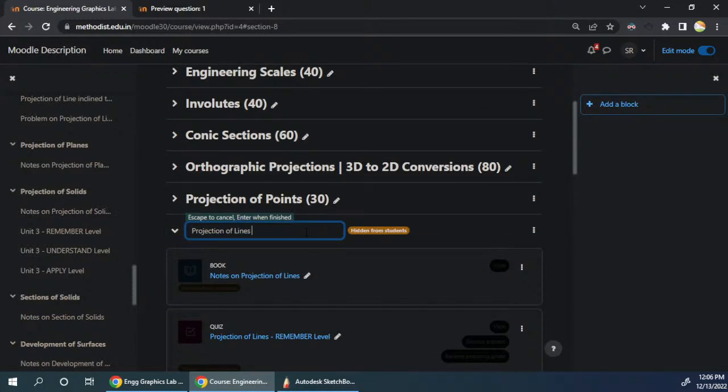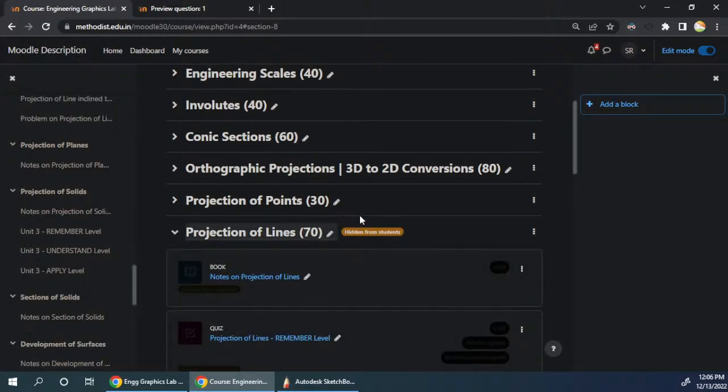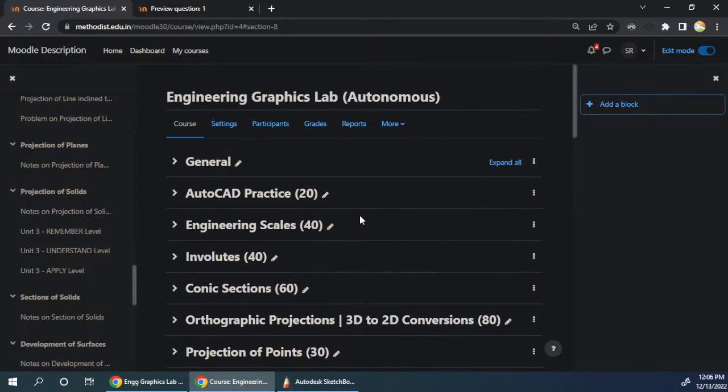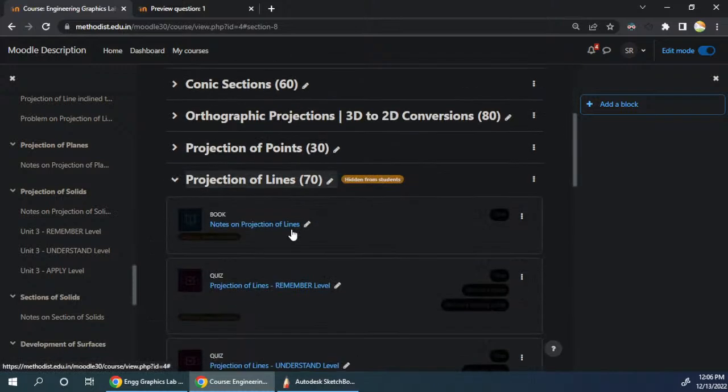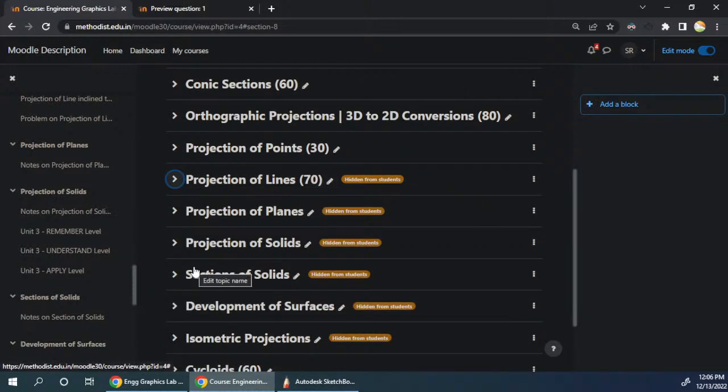Total of 70 marks. And here, accurate planes. We'll do it some other day.